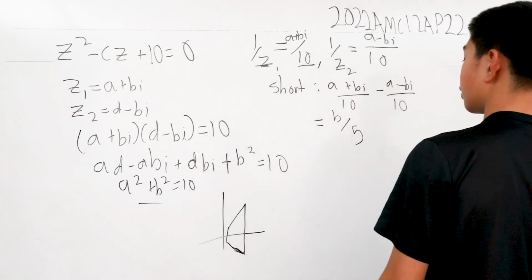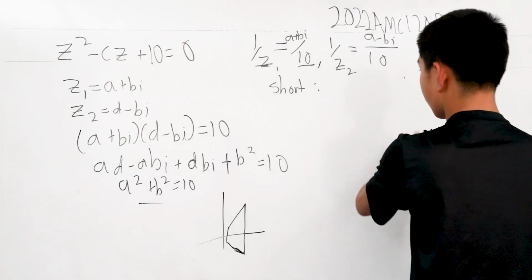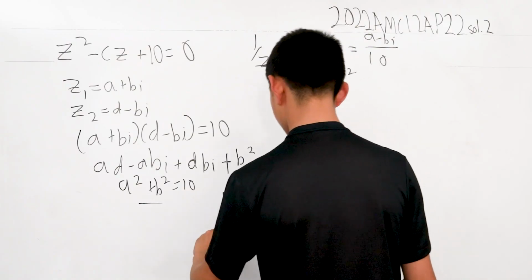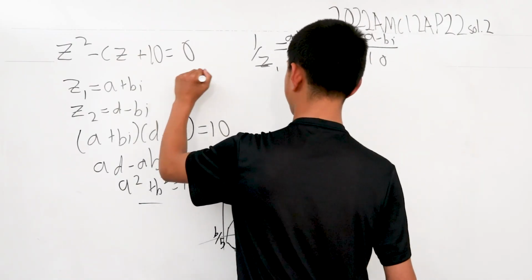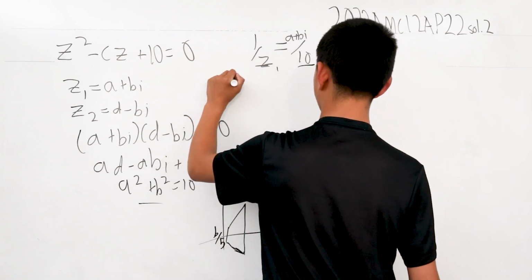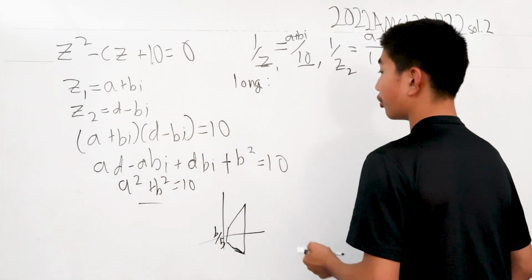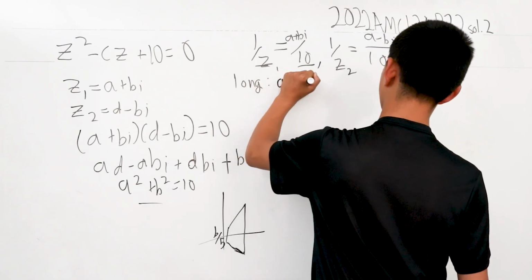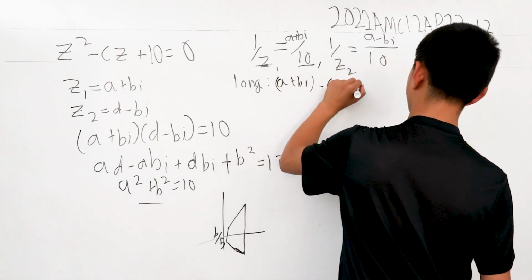Now, we can do the same thing with the long side. The short side is b over 5. The long side, vice versa, is going to be, now we're subtracting these whole quantities, so a plus bi minus a minus bi.